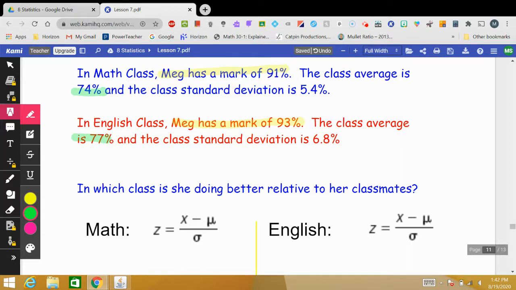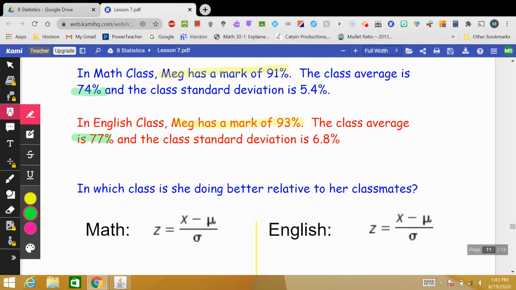Do you understand what I'm doing here? So even though she's got a 91 in math and a 93 in English, if you look at the class average, everybody in English is doing better than everybody in math because the class average is higher. So now it's like, is she really doing better in English as compared to her classmates?